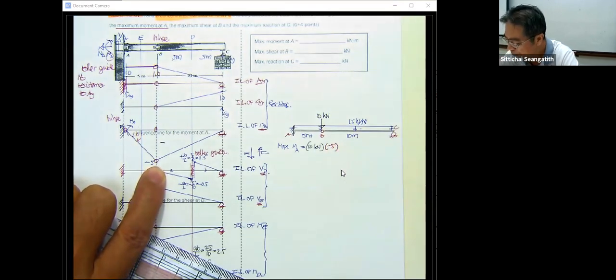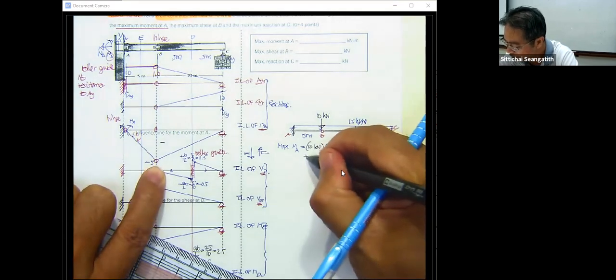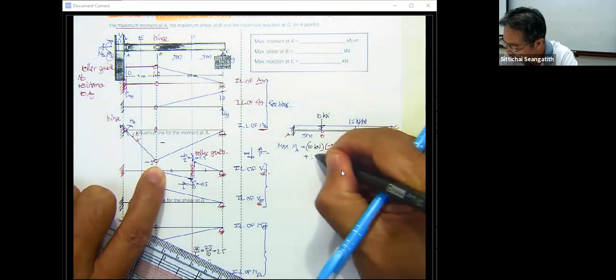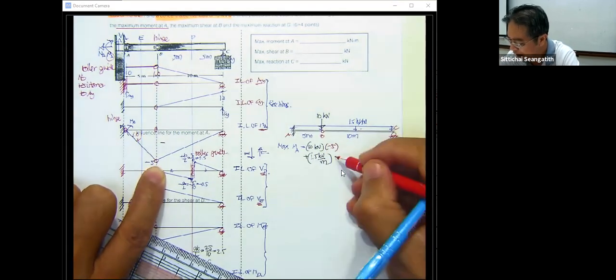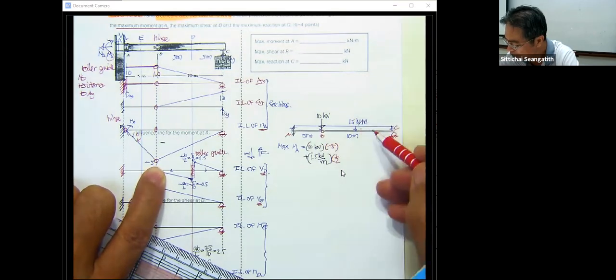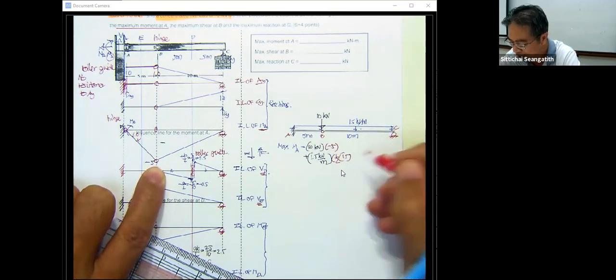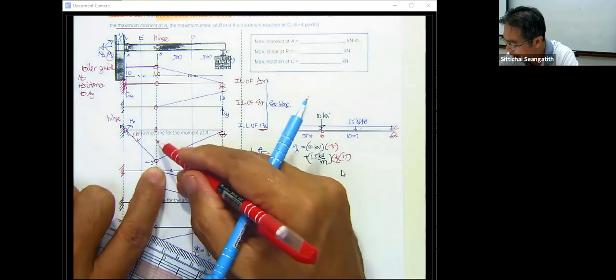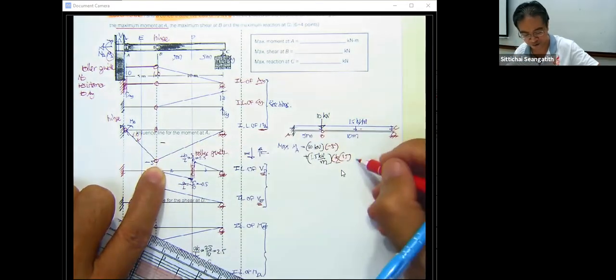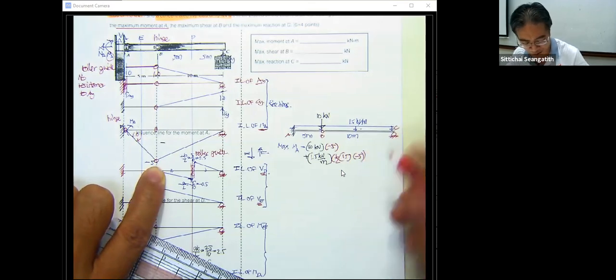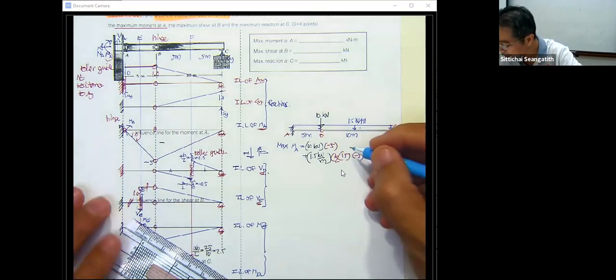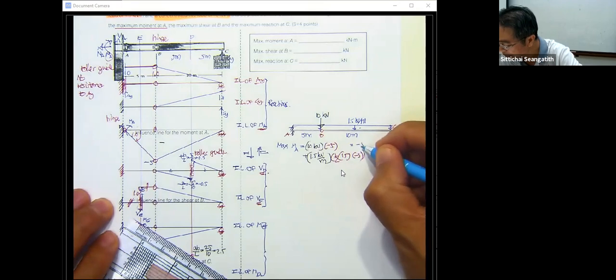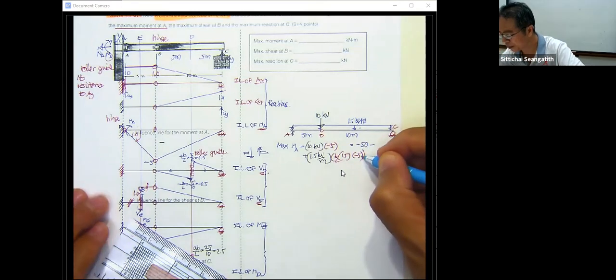So we add 1.5 kilonewton per meter, and then it's going to have 1/2, the length of this is going to be 15, and then this is going to be minus 5. Okay, and you just put them into your calculation. You are supposed to get the first one, which is minus 50, and this one is going to be minus what?